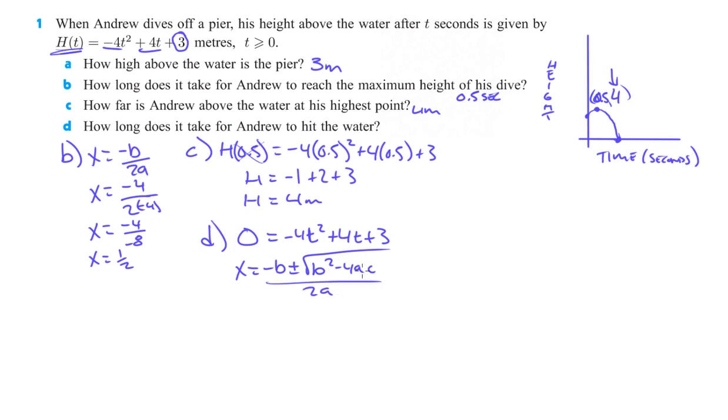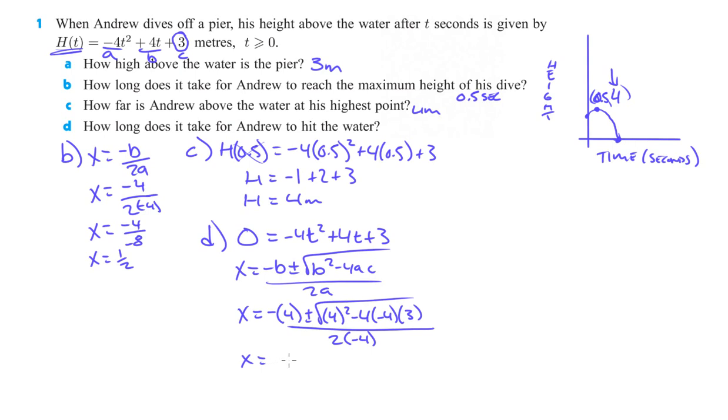I know this will always give me an answer. Here a is negative 4, b is 4, c is 3. So x equals negative 4 plus or minus the square root of 4 squared minus 4 times negative 4 times 3, all over 2 times negative 4.